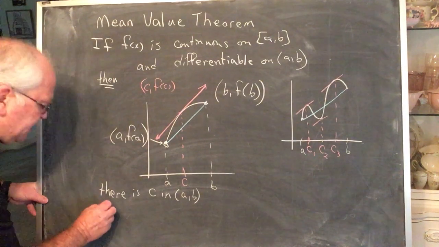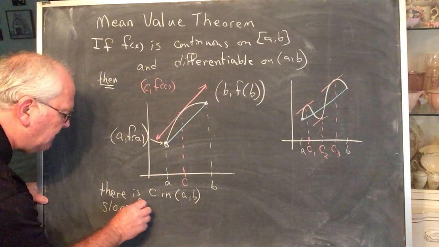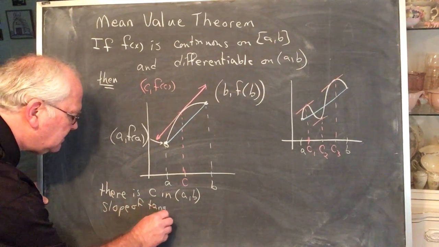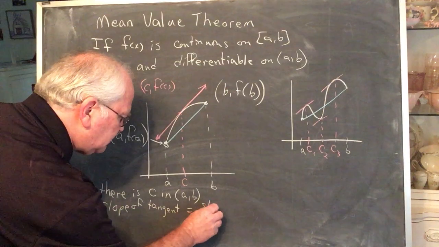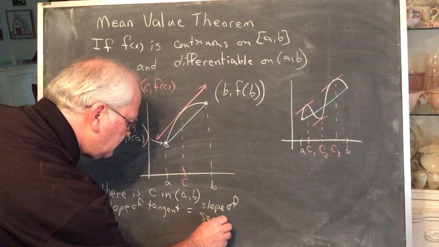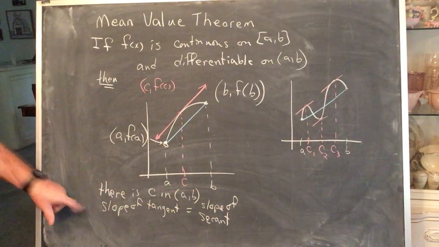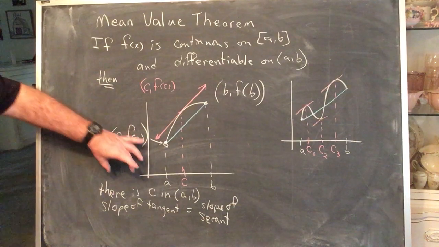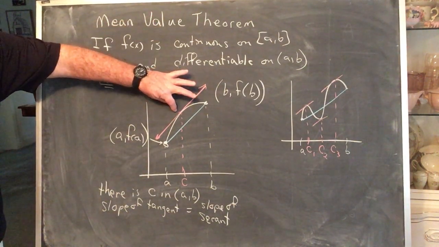The slope of the tangent must equal the slope of the secant. Now, we know how to write that in terms of the mathematics. The slope of the tangent line at this point.